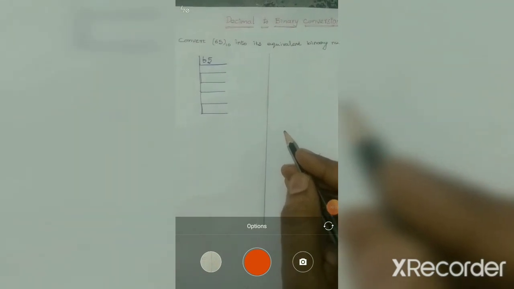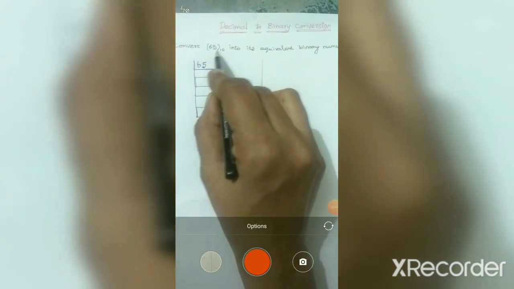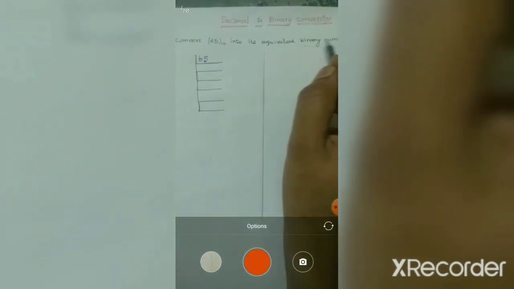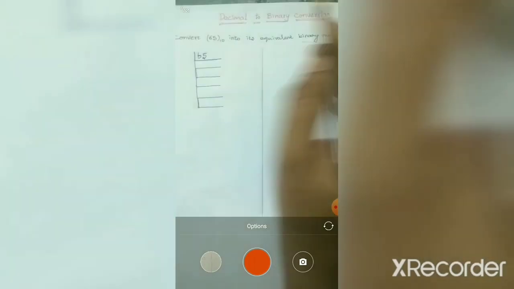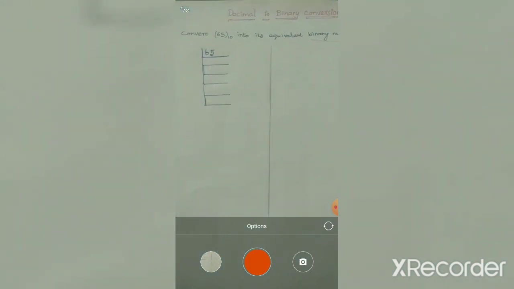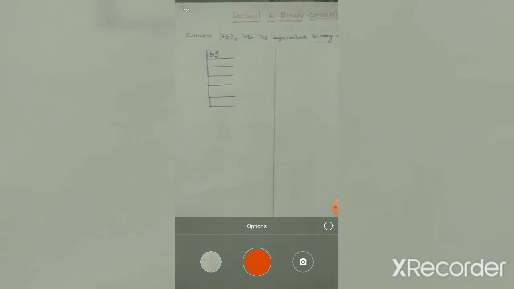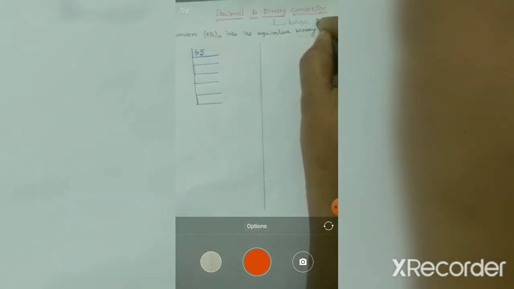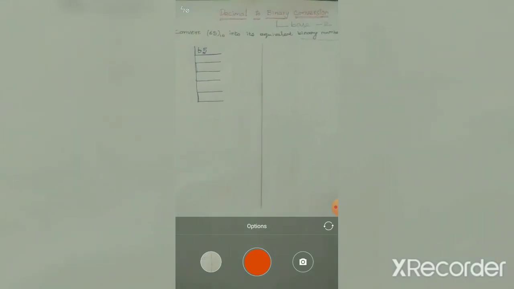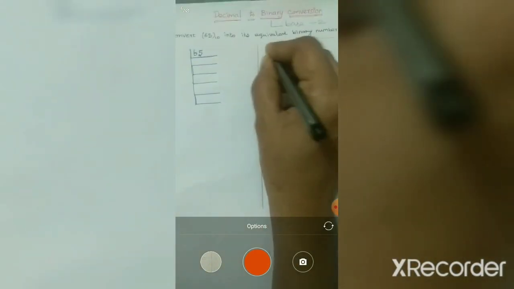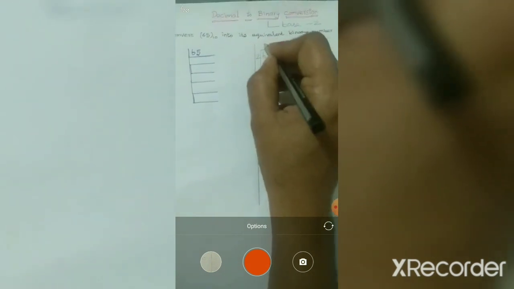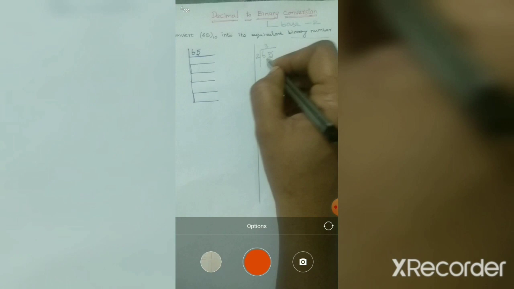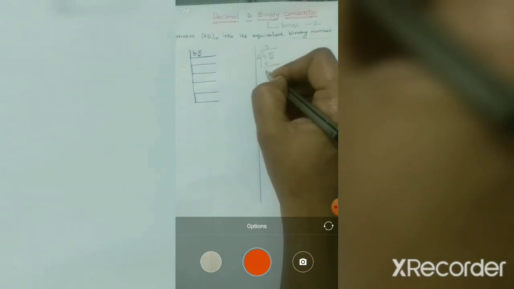Decimal to binary conversion. Convert the decimal number into the equivalent binary number using the method of repeated division by 2. Here the binary base value is 2, so decimal numbers are divided by 2. 65 divided by 2. 3 2s are 6, 6 minus 6 is 0.